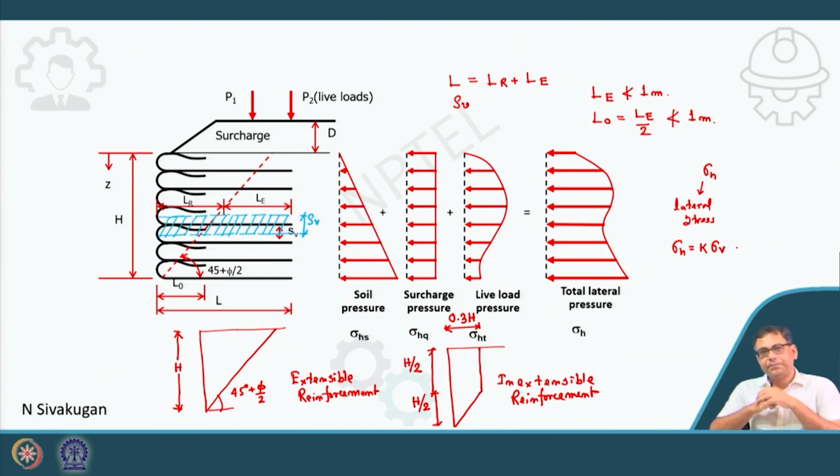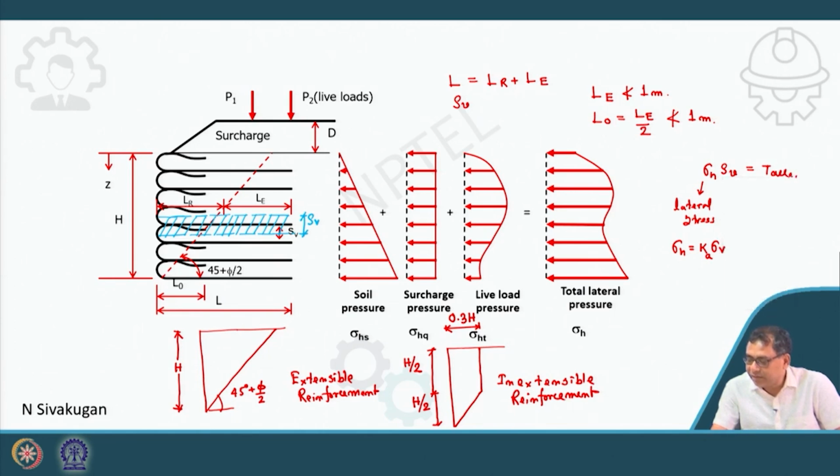Okay. K, if you are designing, will definitely be under the active condition. So, it will be Ka into sigma V. Okay. So, that is the lateral stress and the thickness is SB. So, the total force that will develop will be equal to sigma h into SB, and that force will be taken by that reinforcement layer.